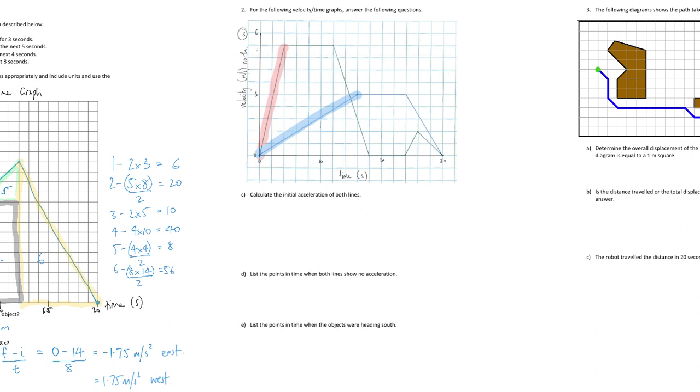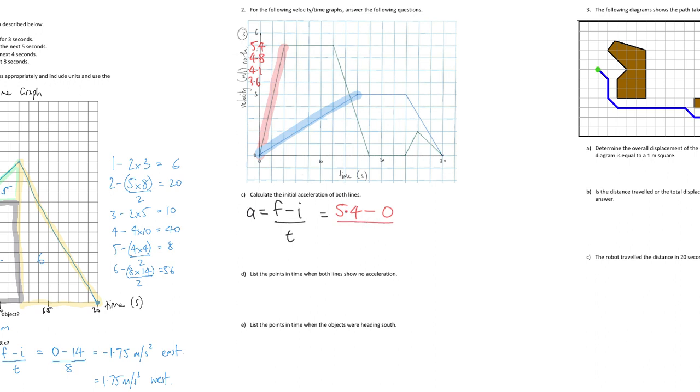So the acceleration is equal to final take away initial over time. And for the red one, the final velocity is, each of these is 0.6. So this is 3.6, 4.2, 4.8, 5.4. Okay, so you do have to just work out that scale. Right, so the final velocity is 5.4, subtract the initial velocity, which is 0.